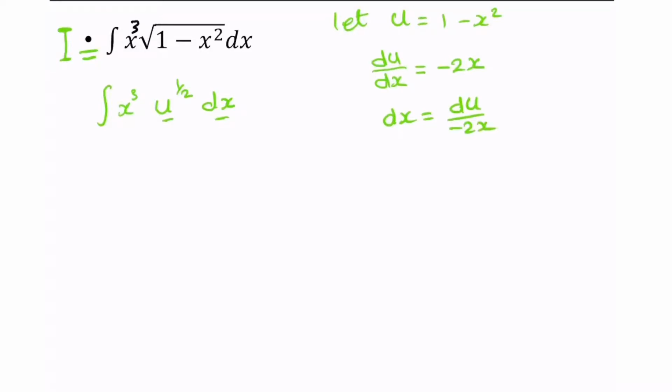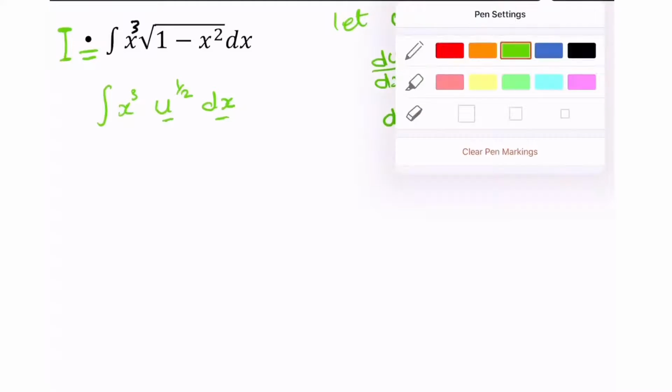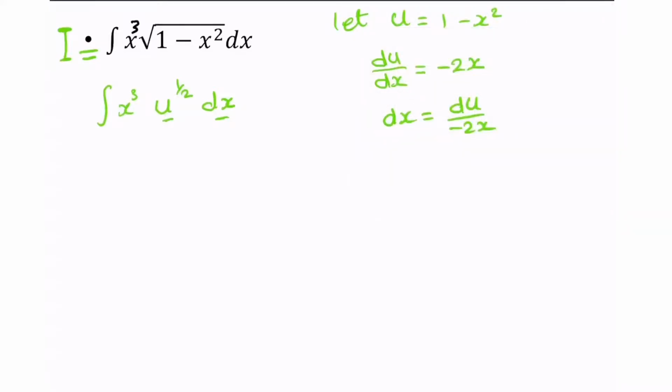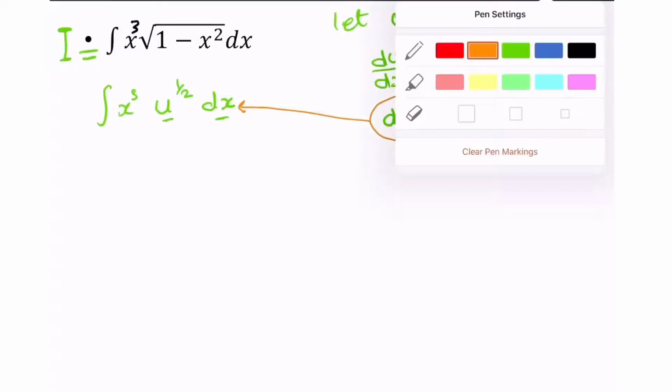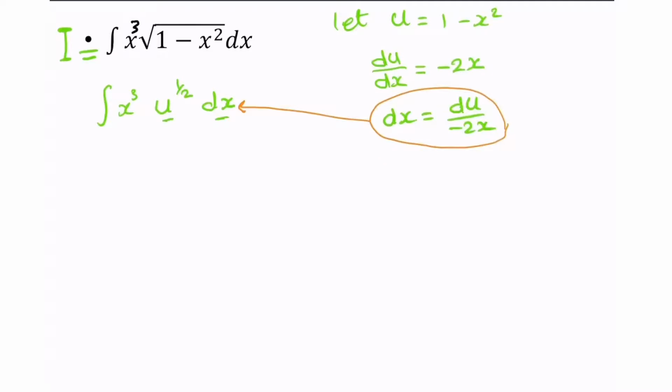Okay, so I will use this dx and replace it, and instead of the 1 minus x squared I will use u. So now I equals x cubed u to the power half, and instead of dx I will use du over minus 2x.